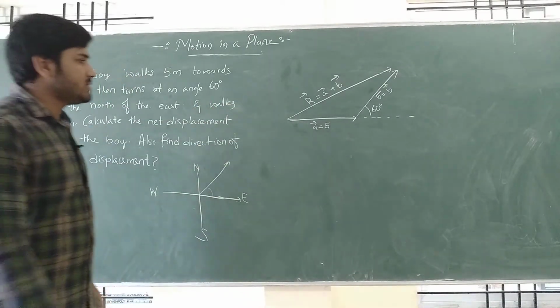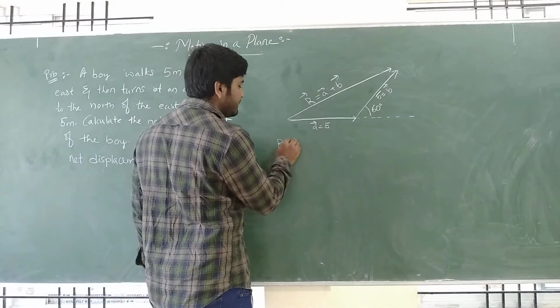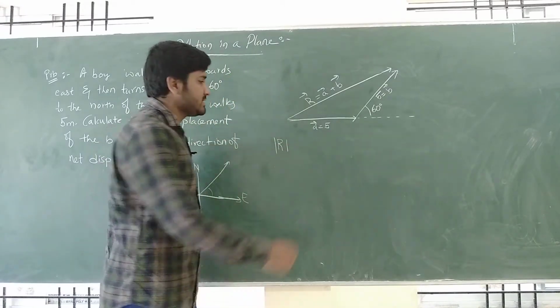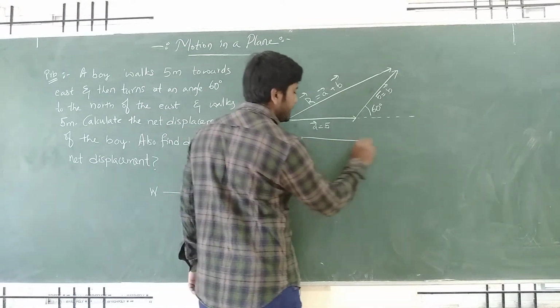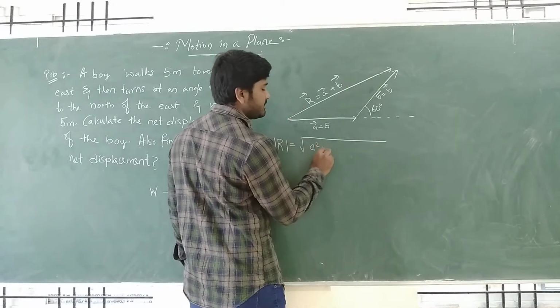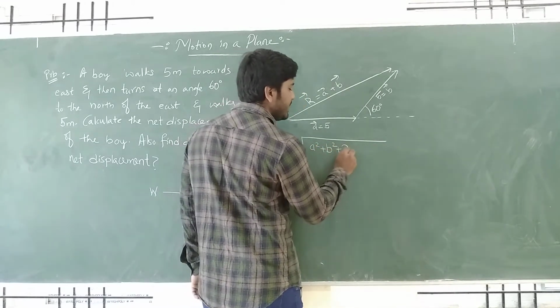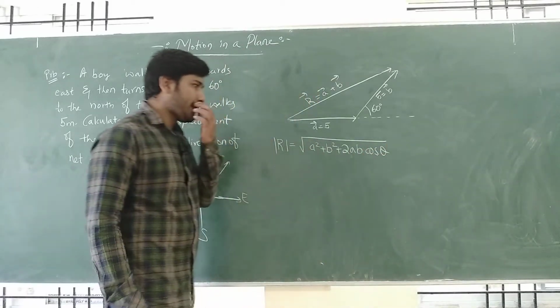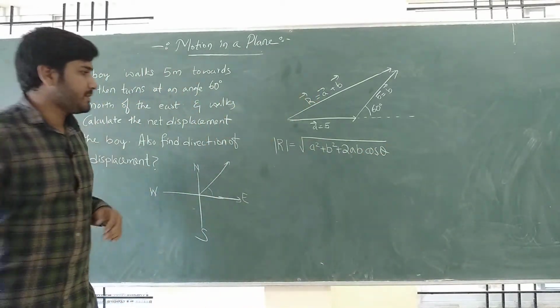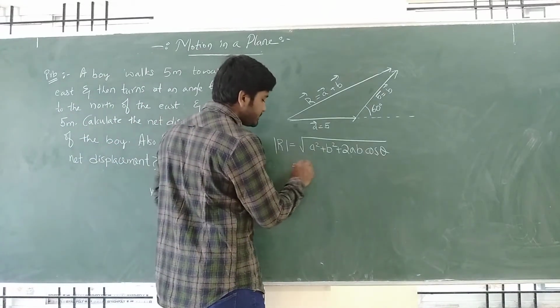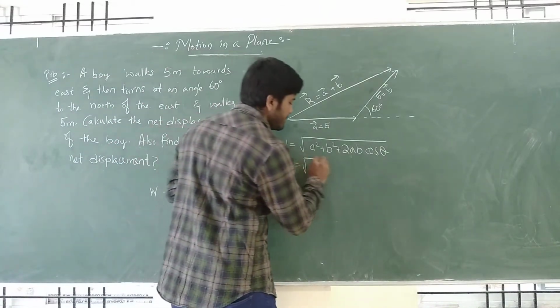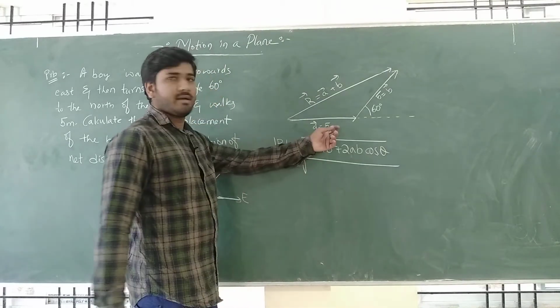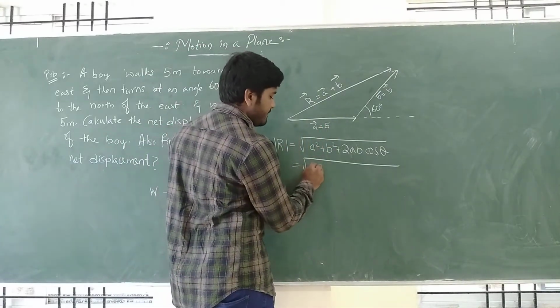Now just calculate the magnitude of the resultant vector. We know the formula. What is R? R is equal to under root A square plus B square plus 2AB cos theta. Correct? Under root, what is A? 5, 5 square.